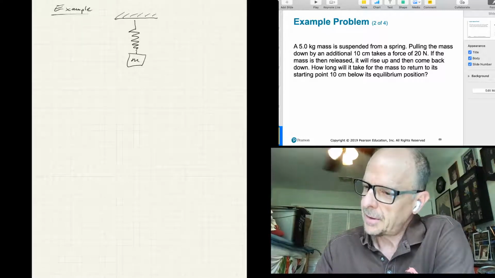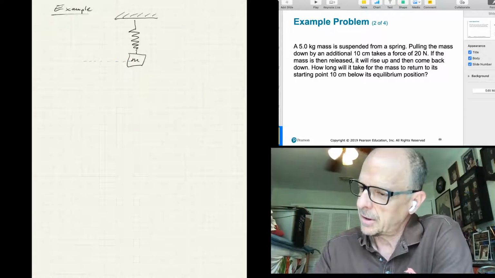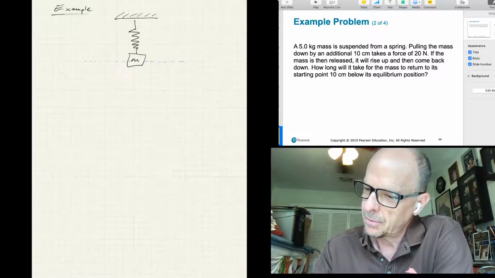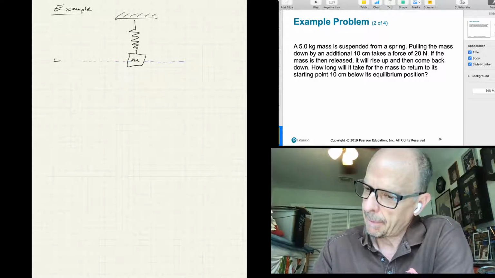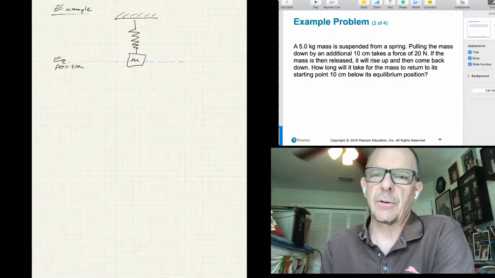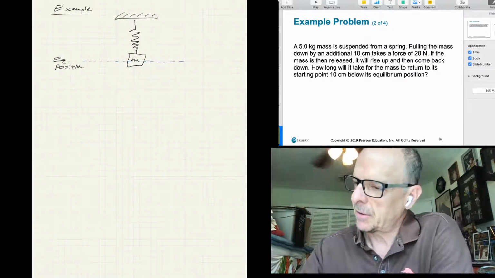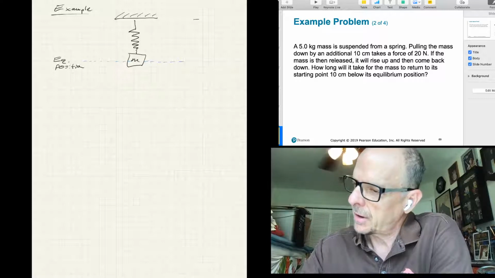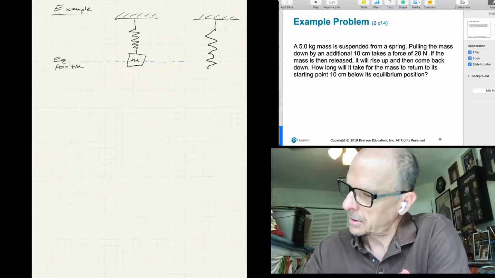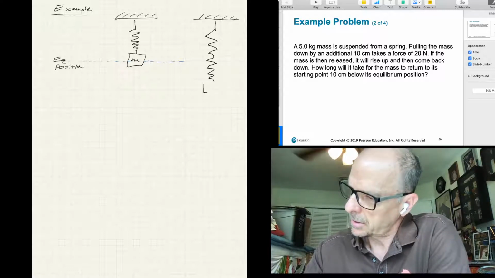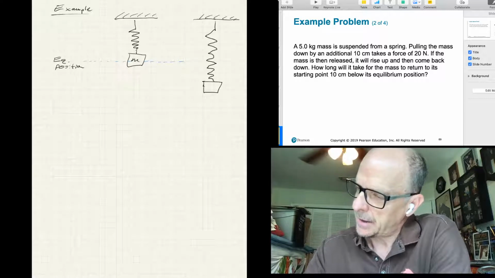So this is the equilibrium position here in blue for this spring. Then it says that if we stretch the spring by an additional 10 centimeters, that takes a force of 20 newtons to do that. So let's now draw the spring stretched by 10 centimeters.